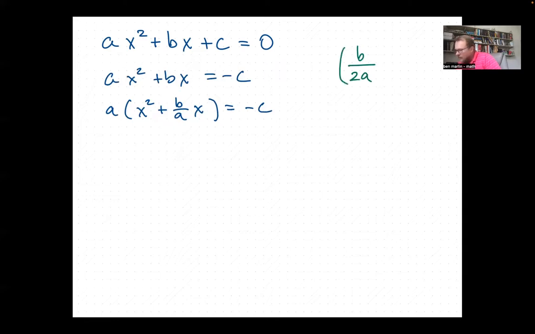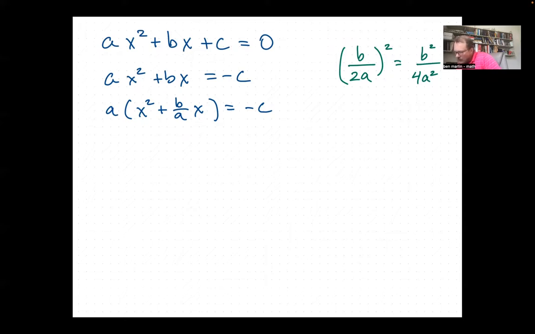And then we're going to square it, which just means square all the little pieces. And we'll have b squared divided by 4a squared. I said squared there, but then my handwriting doesn't look like a square. So there, fixed it. All right.